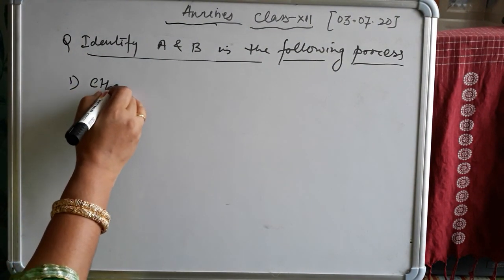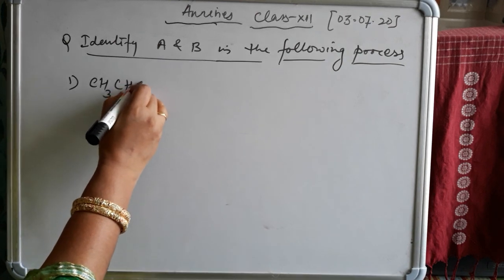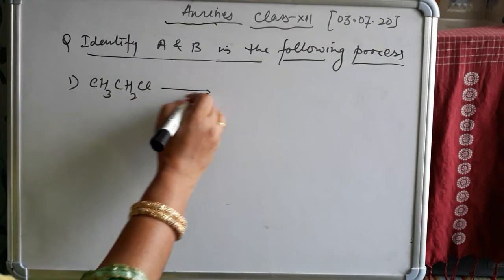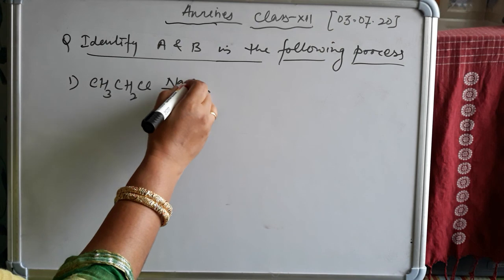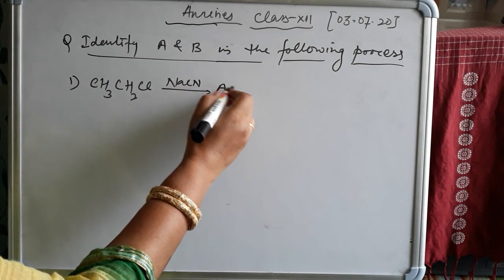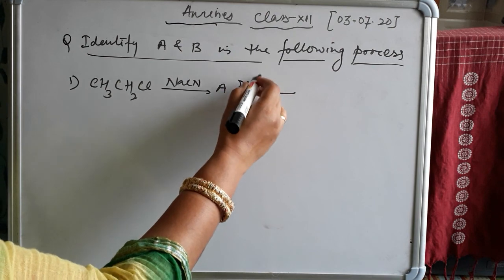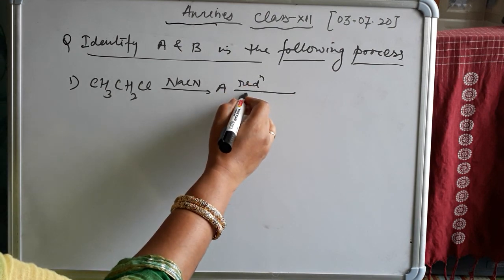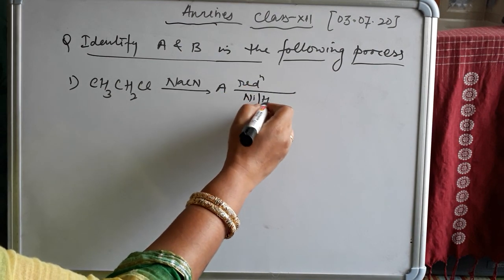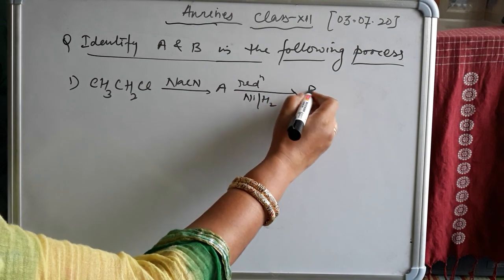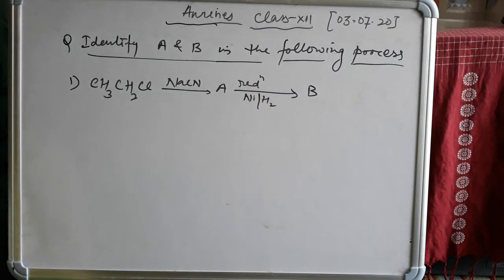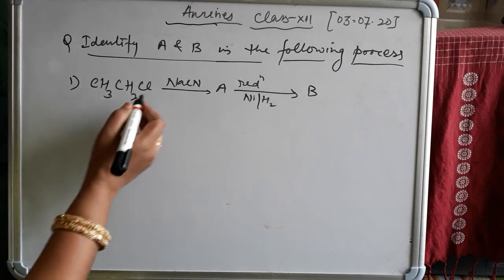Suppose we have CH3CH2Cl. In the presence of NaCN, we get A, and on reduction of this compound in the presence of nickel, we get B. So how can we simply know?